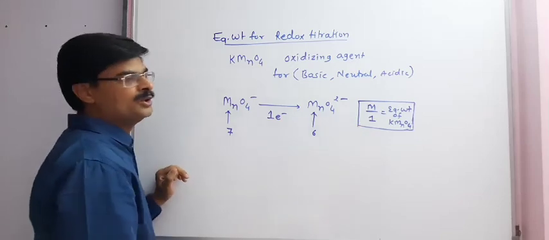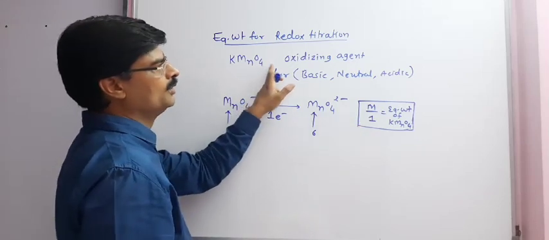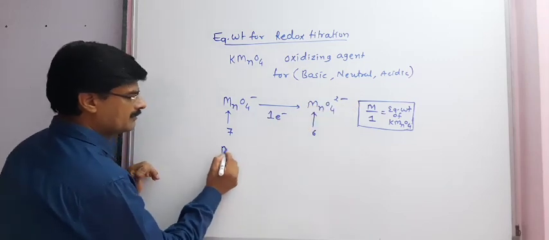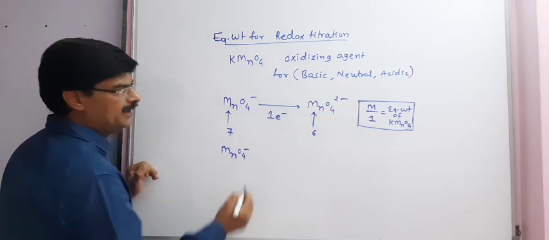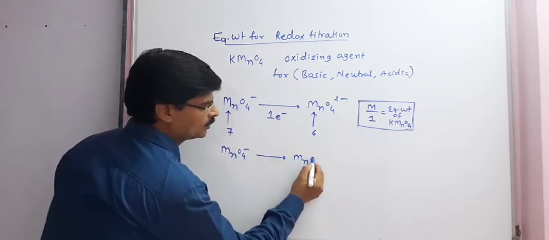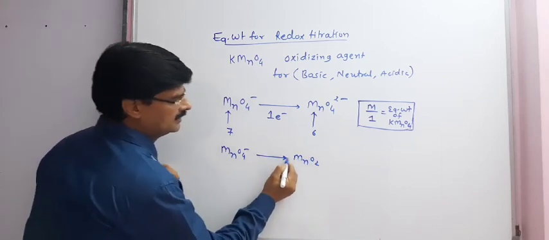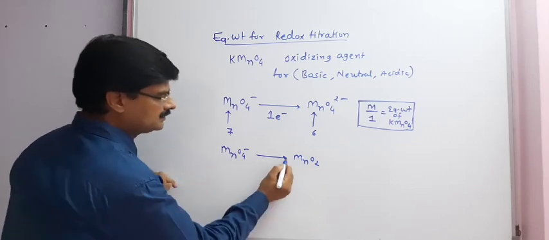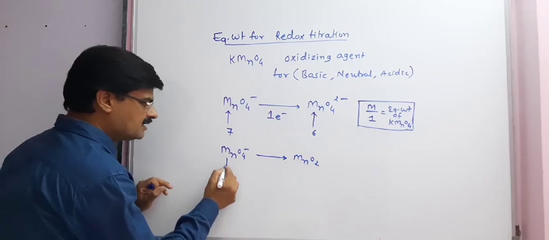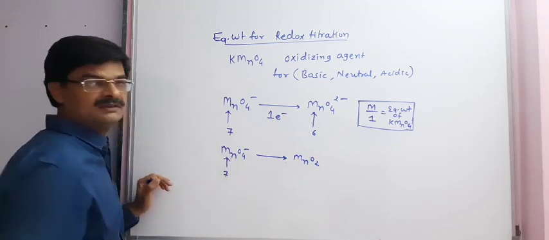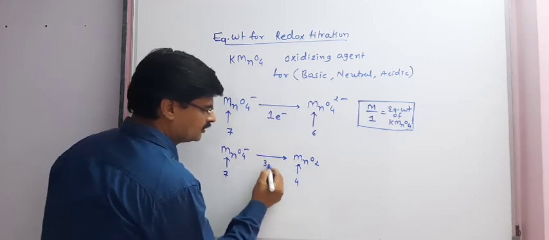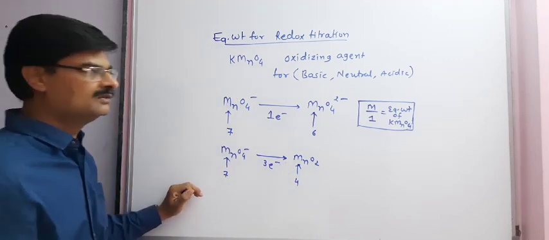Now we will study neutral medium. When KMnO4 works as an oxidizing agent in neutral medium, MnO4 minus converts to MnO2, manganese dioxide. In MnO4 minus, the oxidation state of Mn is 7, and in MnO2 it is 4. So they differ by 3 electrons.